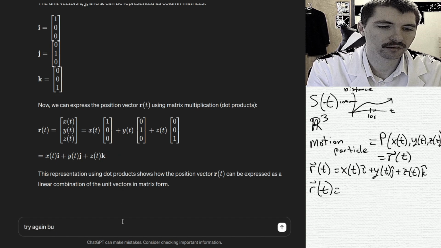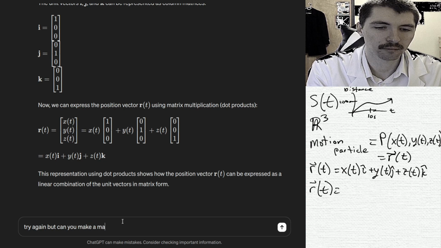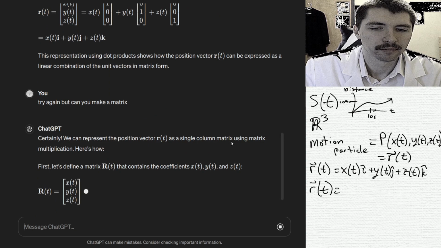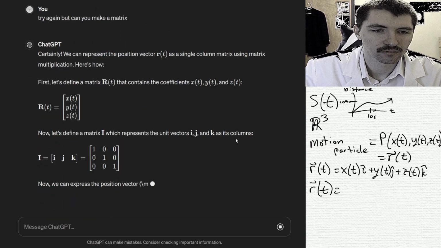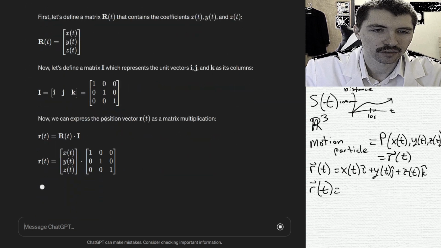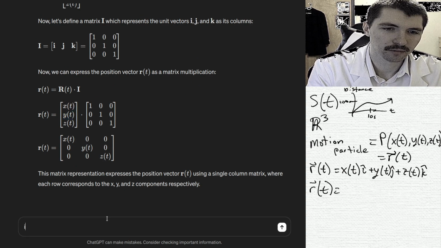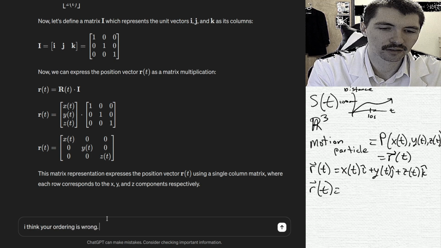Try again, but can you make a matrix? Okay, so this is what I like, except this is not defined. This should be on the other side. I think your ordering is wrong.